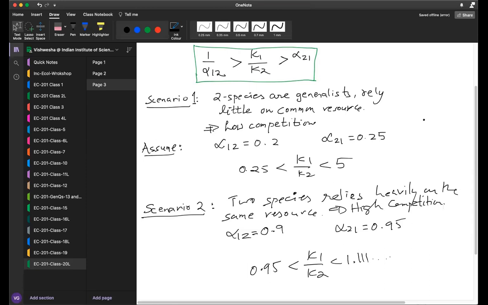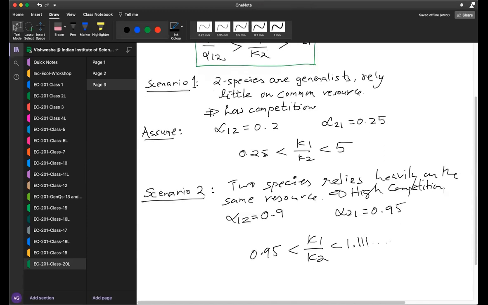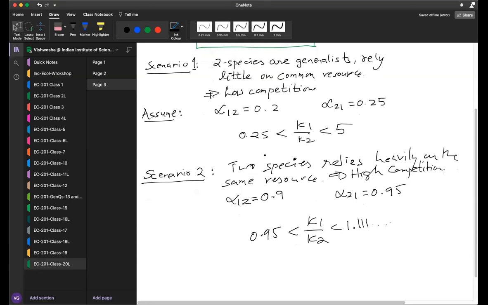Okay. So now that means the range here is higher, what does that mean in terms of feasibility of coexistence? There is more chance for less vigorously competing species to coexist than more vigorously competing.